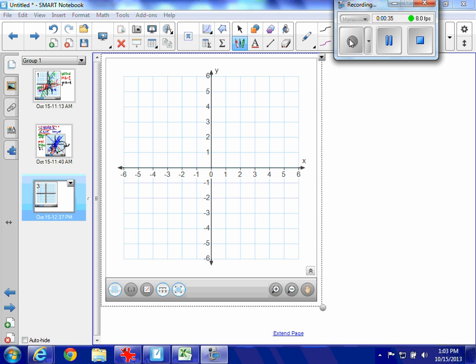33 on page 172. So I am given some points. I am given the point -2, -3. I am given the point 1, 3.